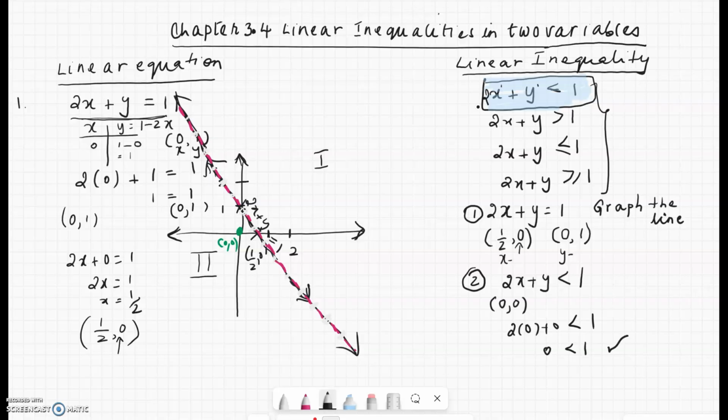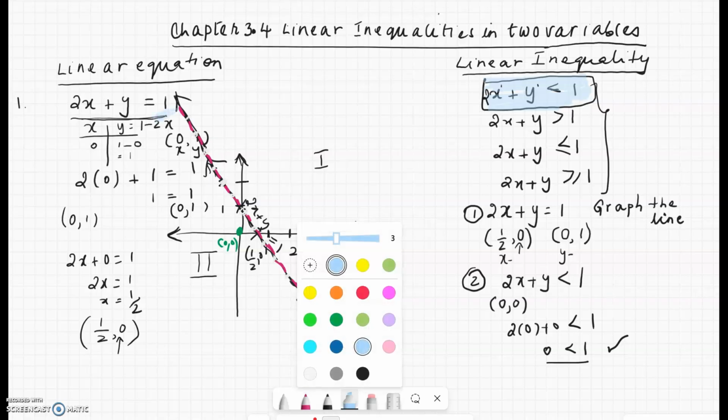If this inequality is true, and we know that 0 is indeed less than 1, then this one sample point tells you that if it satisfies the inequality, then the entire side is the solution to your inequality. Pick one point and that'll tell you what the solution is. So you don't shade region 1, you're going to shade region 2. And that's the solution to your inequality, 2x plus y is strictly less than 1.